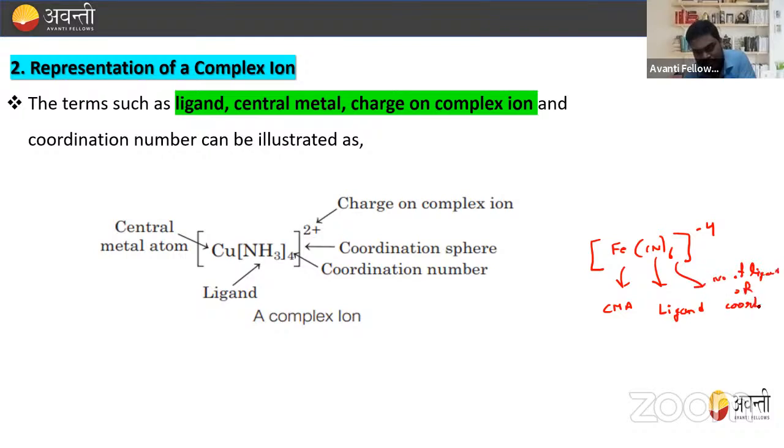Both are correct. And what does this 4- represent? This represents the charge on the complex ion. So I hope this is clear to you, how you represent the complex ion.